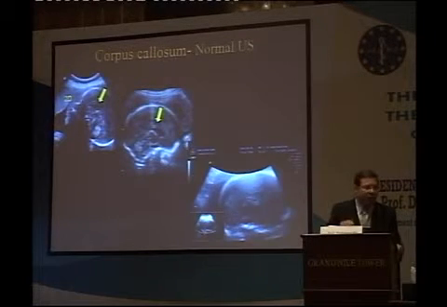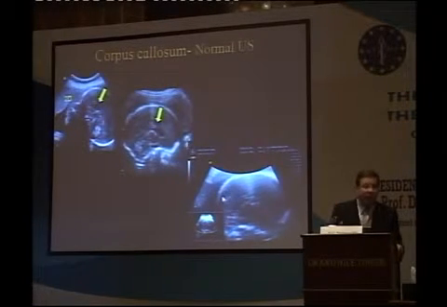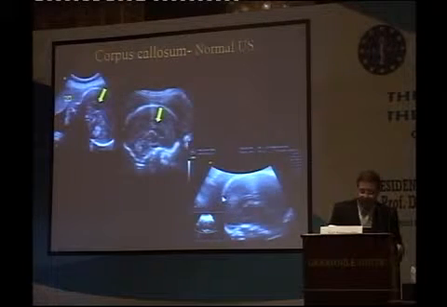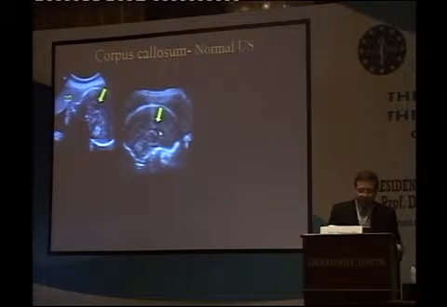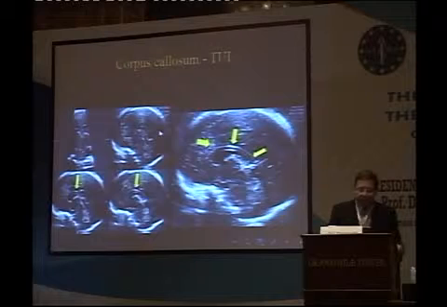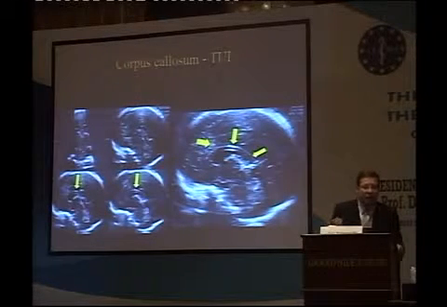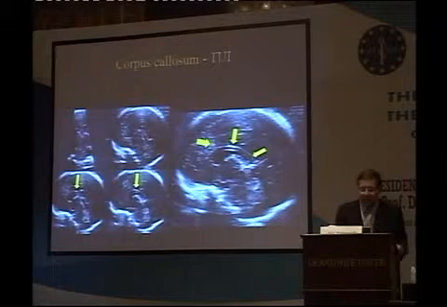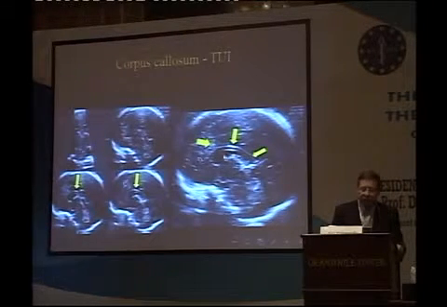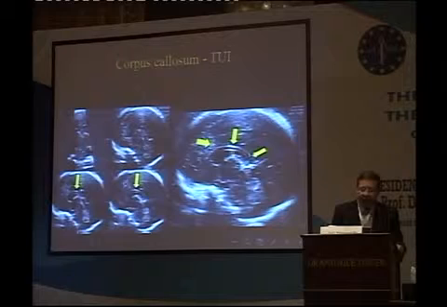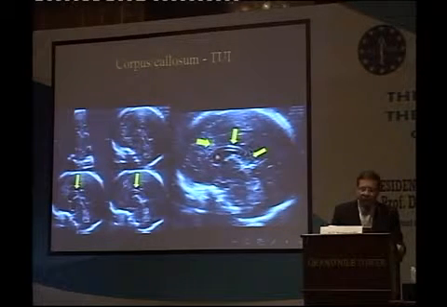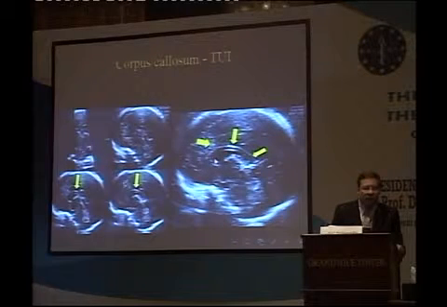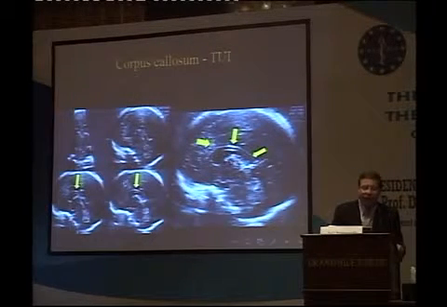Here is the appearance of the corpus callosum, and you can get it manually, or by tomographic ultrasound imaging, a software present in your instrument. You can see the corpus callosum here, and it is directly related to a cave inside it. This is called the cavum septum pellucidum, and here is the place of the third ventricle.